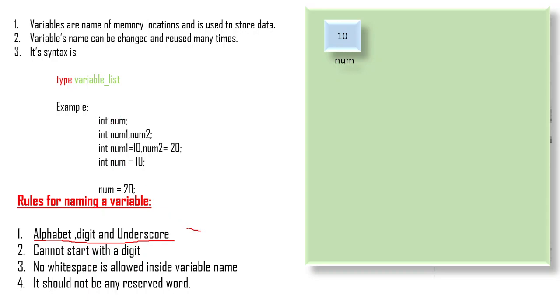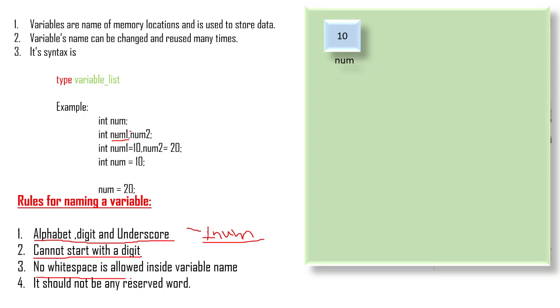Okay, so you cannot start it with a digit. See, if we say num1, it is okay because it contains alphabet then digit, but we can't say 1num. This will be wrong. So it should not start with a digit.